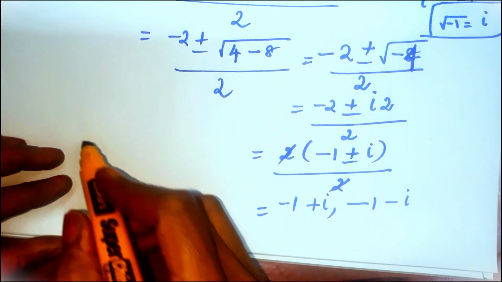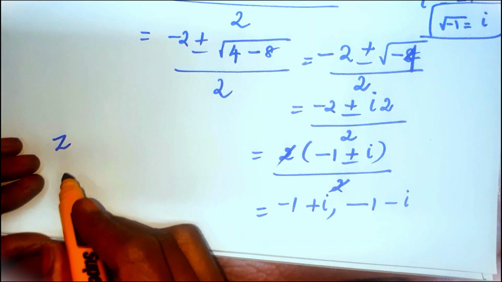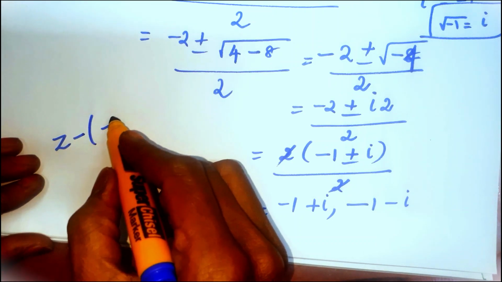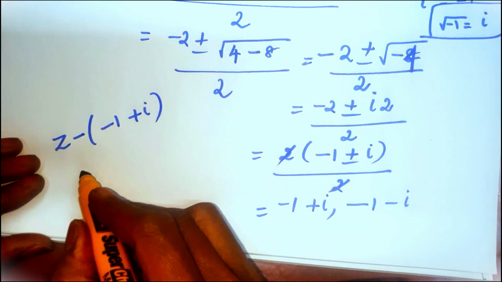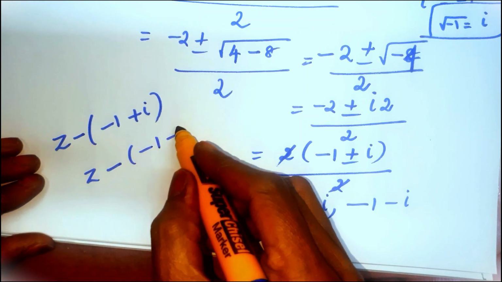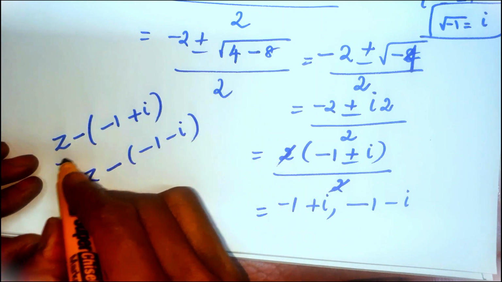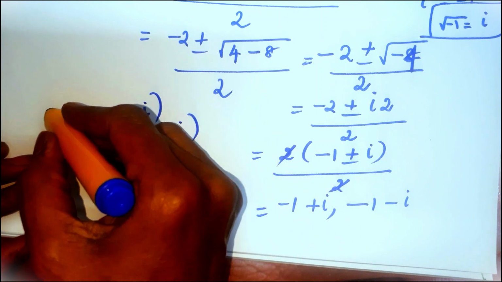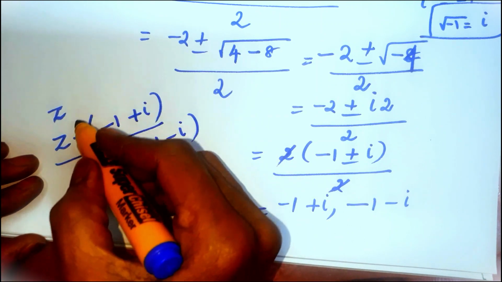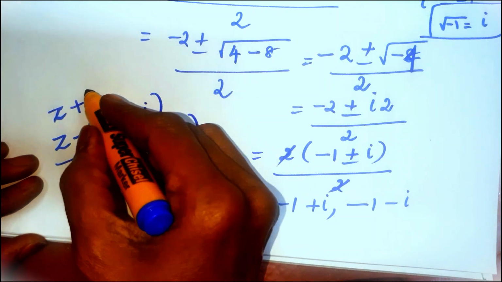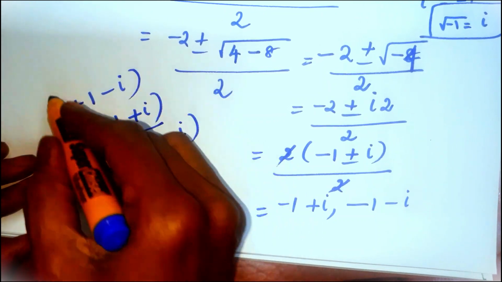So we can write the factors as z minus of minus 1 plus i and z minus of minus 1 minus i. Am I right? So this can be rewritten as z, when we multiply minus inside, plus 1 minus i. This is one factor.